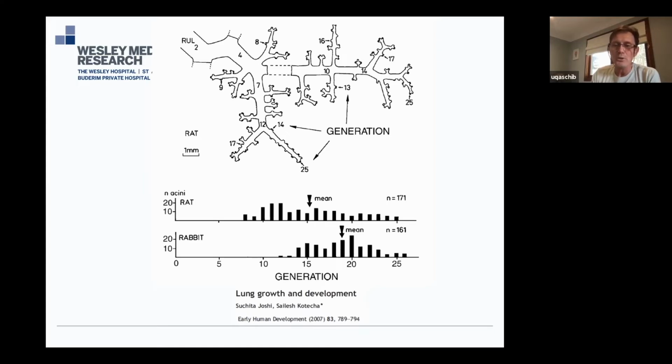And newborn babies, when they're premature, have a different branching. They're still maturing in their branching, but they have a much earlier occurrence of acinar space, of diffusion-dependent space.